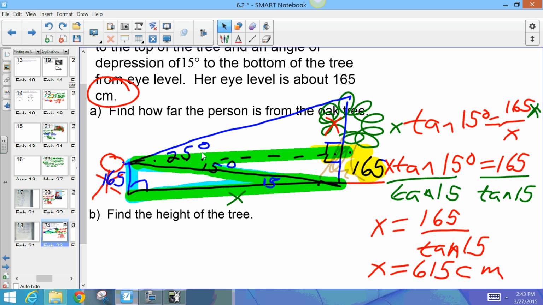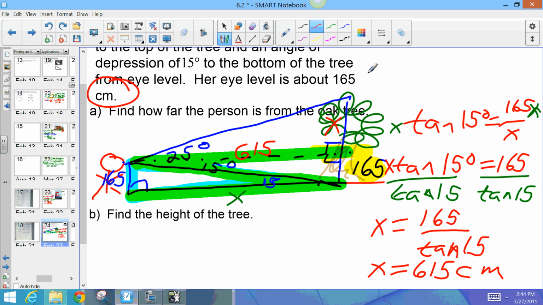I need a length of a side of the triangle. I'm trying to find x. But I just calculated 615, and I don't think I have any other information. So let's put 615 in here. That's the length from her to the tree. I've got 25 degrees.